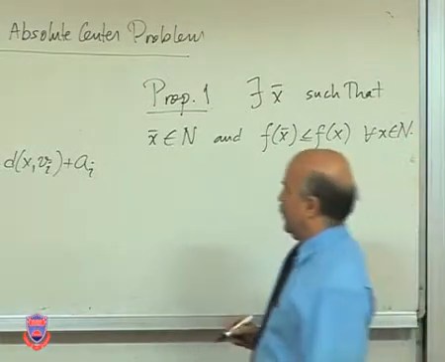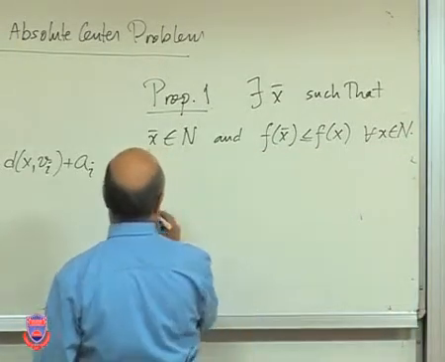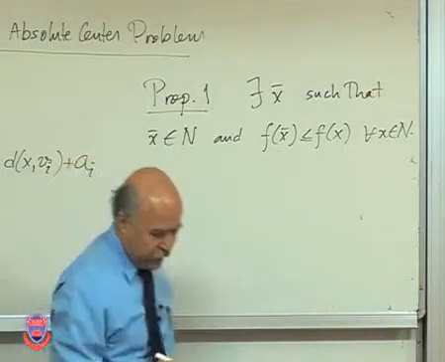The second property has to do with these numbers, which I called alpha ij.